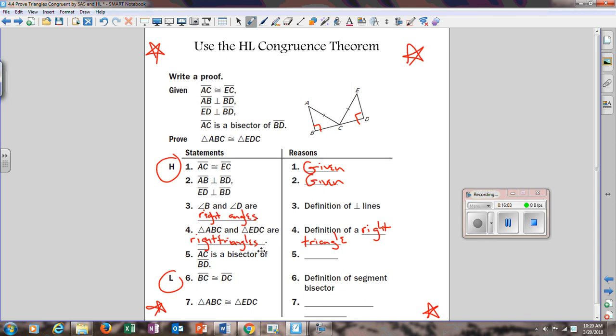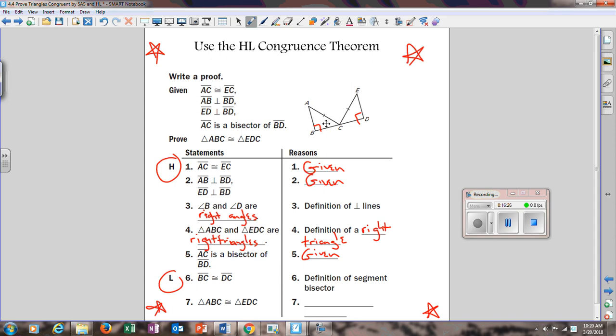AC is a bisector of BD. What does a bisector mean? Well, first, that's given. It says it up here. Then for the next one, what does a bisector mean? It means that it cuts it perfectly in half through the midpoint.